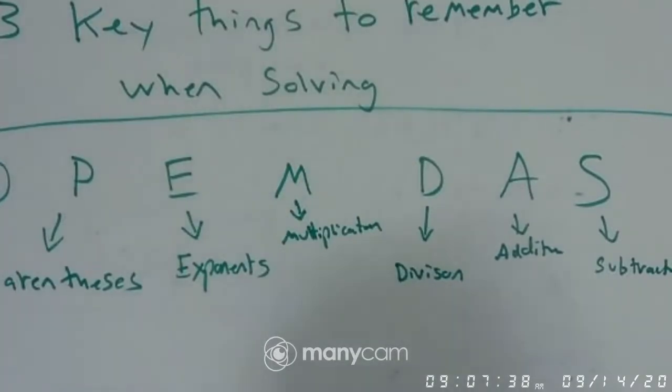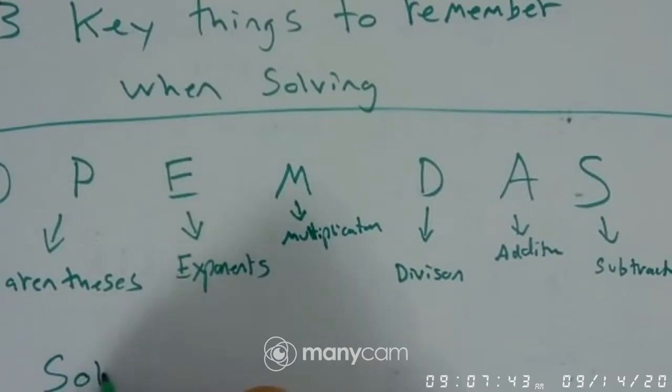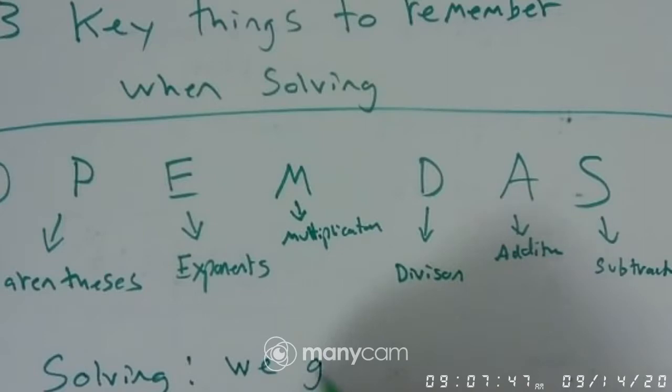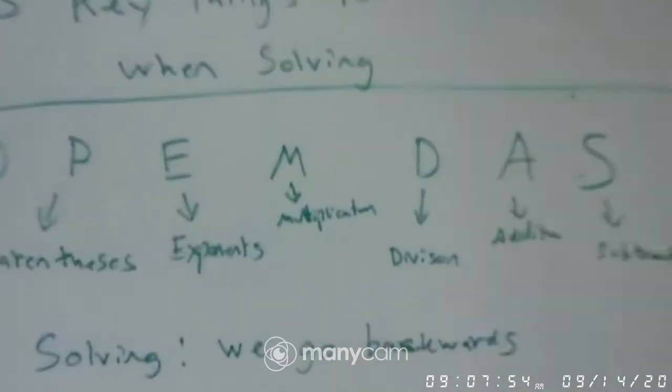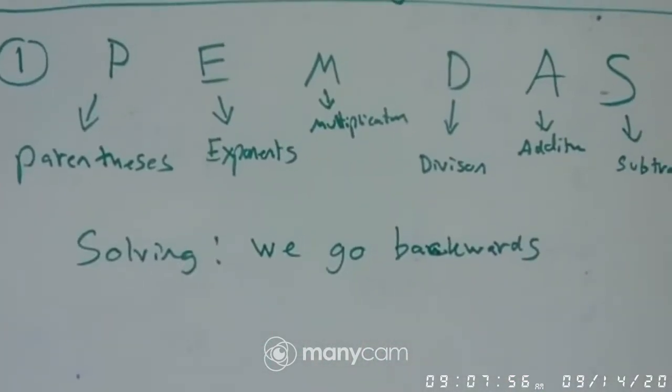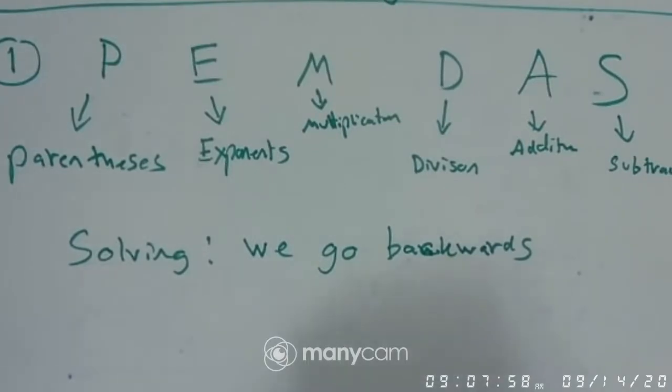Okay, so when we're solving, we go backwards, right? And this is why it's hard. So can you see it now? Thank you, I appreciate that. So we go backwards.